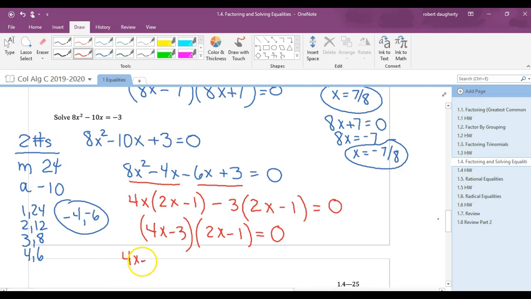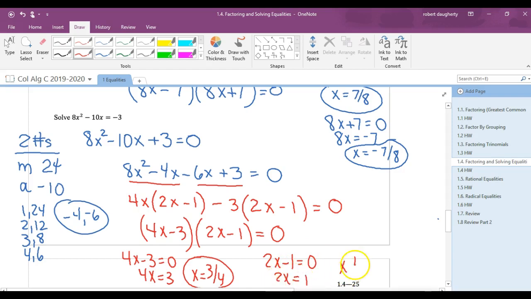If 4x minus 3 equals 0, that means that 4x equals 3, or x equals 3/4. And then 2x minus 1 equals 0 means that 2x equals 1, or x equals 1/2. So that's your solution, x equals 1/2, or x equals 3/4.